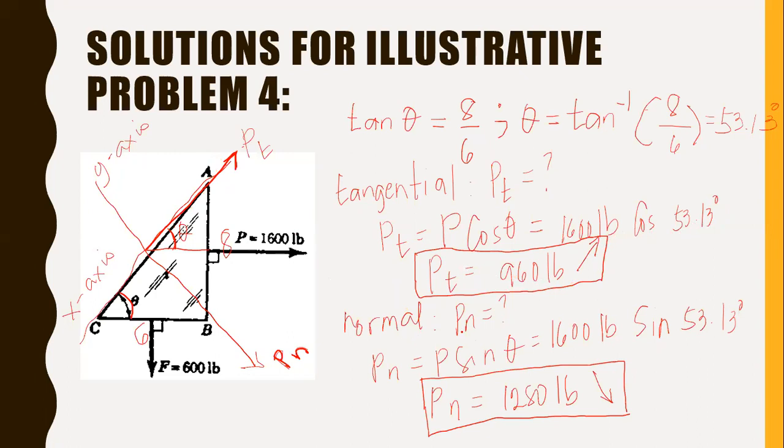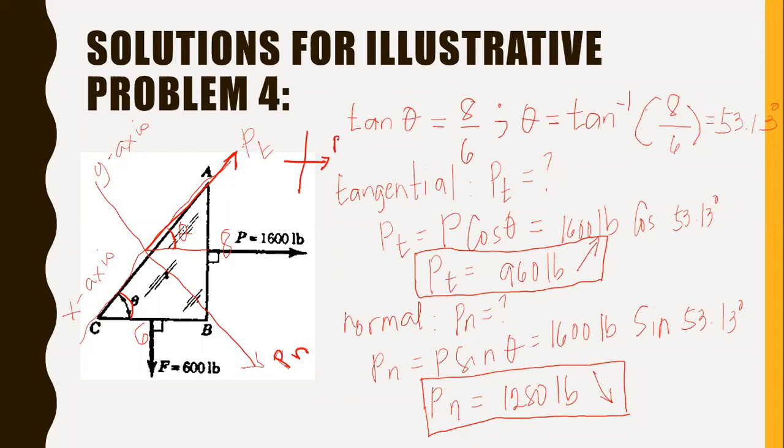While for the normal of P, we have PN is equal to P sine theta, which is equal to 1,600 pounds sine 53.13 degrees, where PN is equal to 1,280 pounds. If you're going to rotate, this one would be your figure.